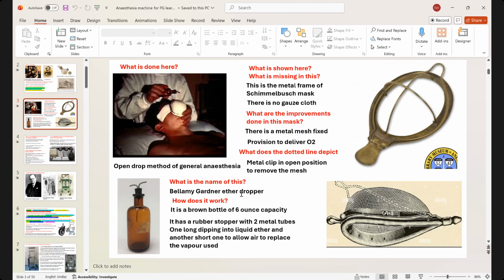Because in open drop ether, it is the atmospheric air which vaporizes the liquid agent, ether. And then the patient gets only 21% oxygen, unlike the present day where we give more than 21%, we give minimum 30% or 25%. So to give additional oxygen, they improved this.